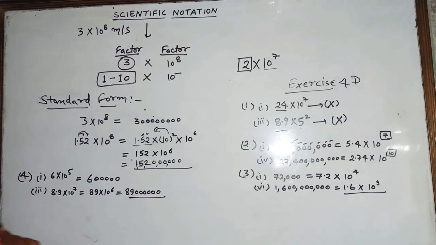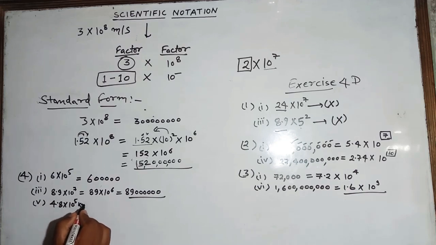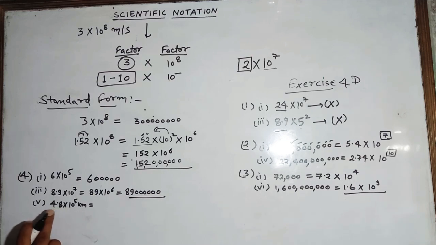In the same way, the last part is the fifth part. The diameter of Saturn's largest ring is about 4.8 into 10 to the power 5 kilometers. So the standard form of this one will be 4.8 again. So 10 will be multiplied here for moving this decimal one place, right?